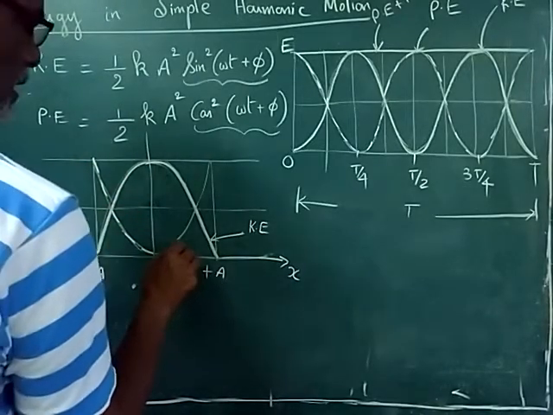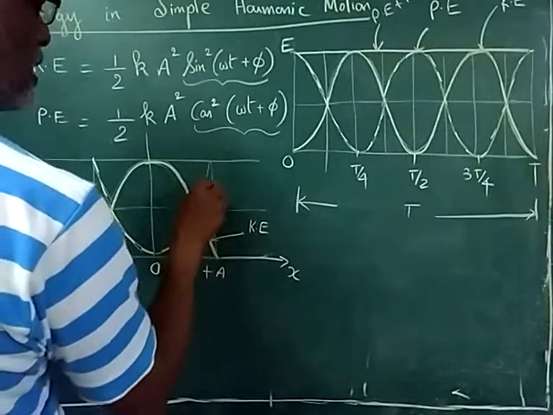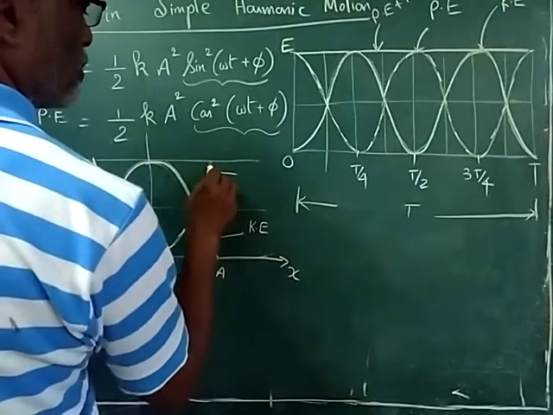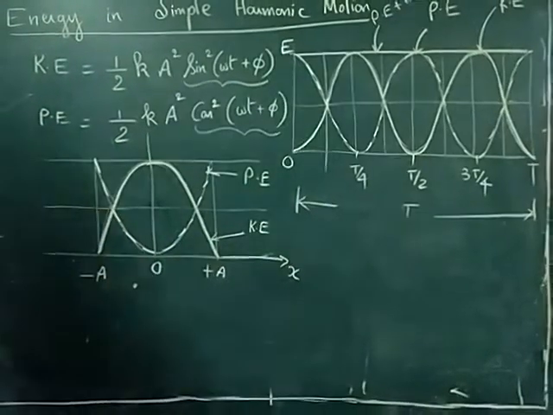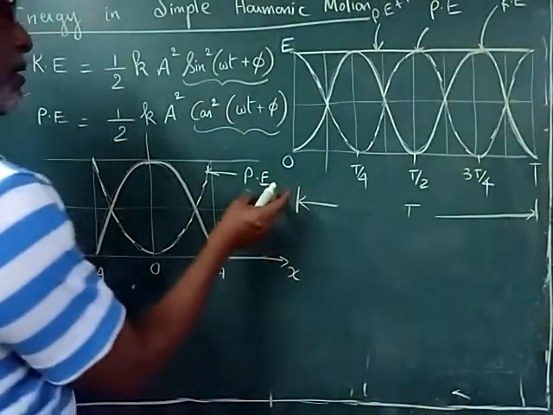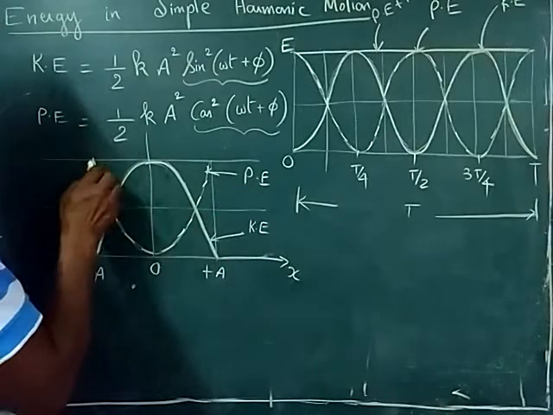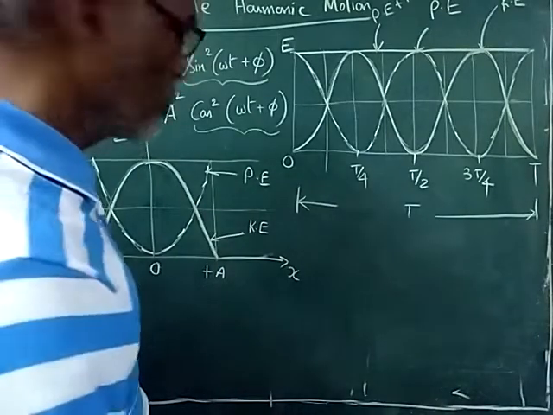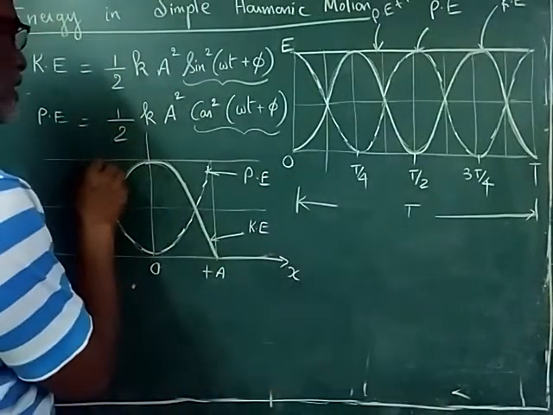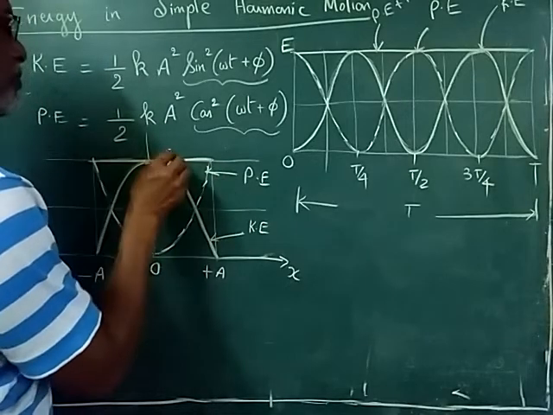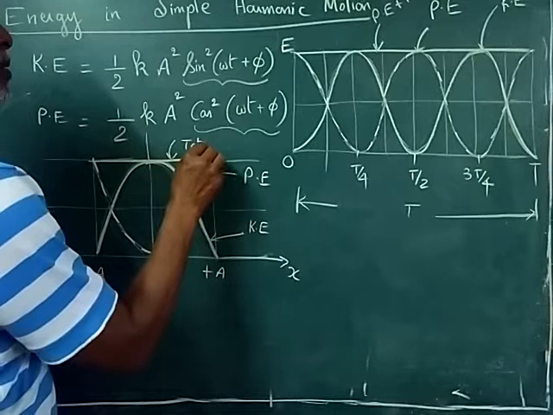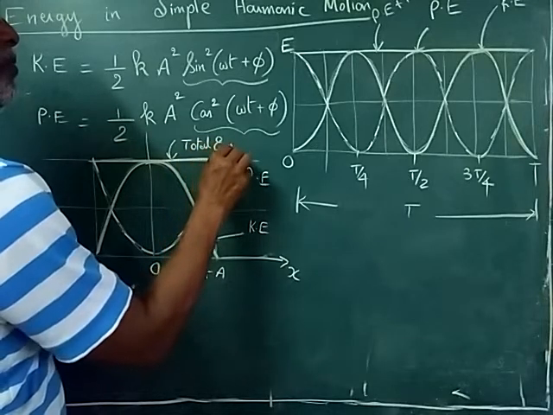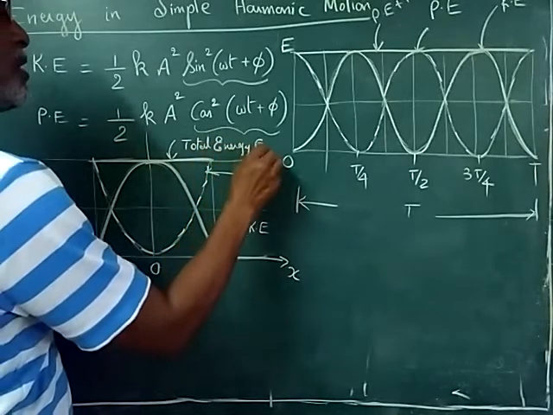So the dotted line is potential energy graph. So this is potential energy. Now when you add potential energy plus kinetic energy, that will give you total energy. So the total energy lies here. So this is total energy, which is equal to E.